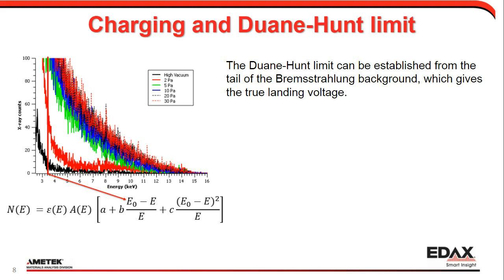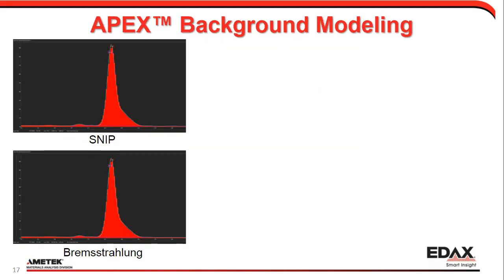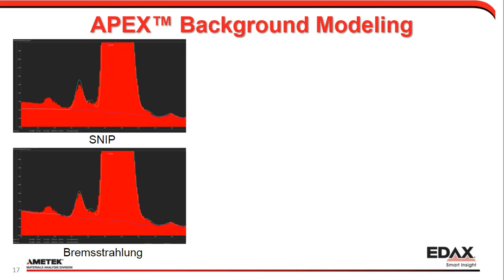If we go and look at this slide with my moly sulfide, in something like this, most of the older systems will just do a straight line fit through the peaks to establish the background. And if you're in the high energy range, it doesn't really matter that much. A straight line fit is very close to the real model.